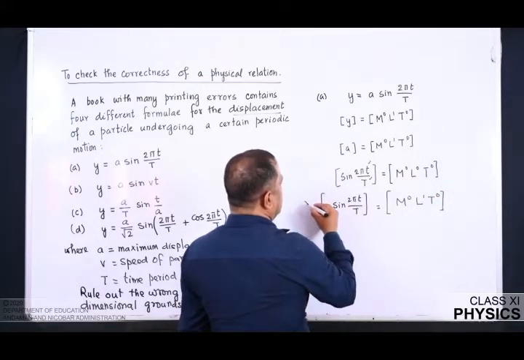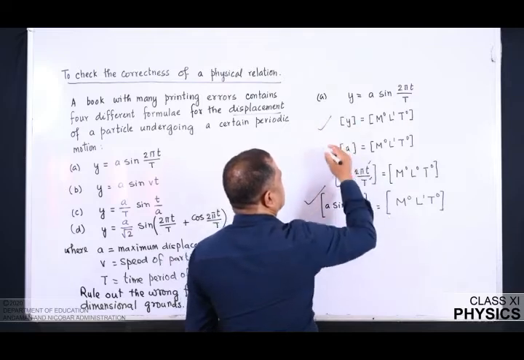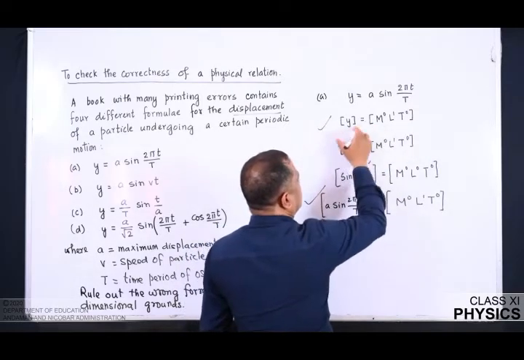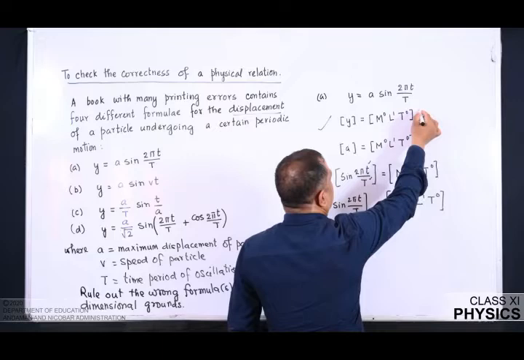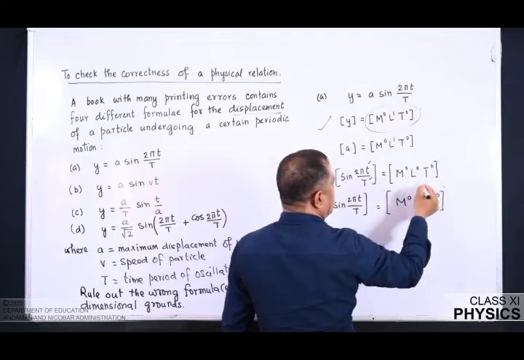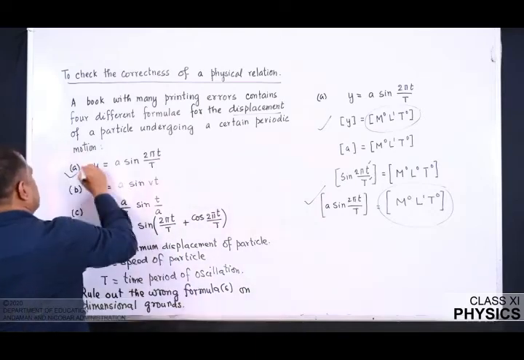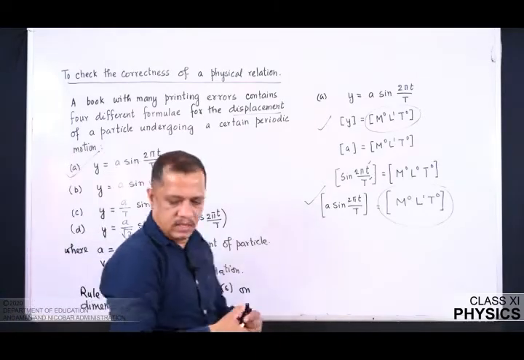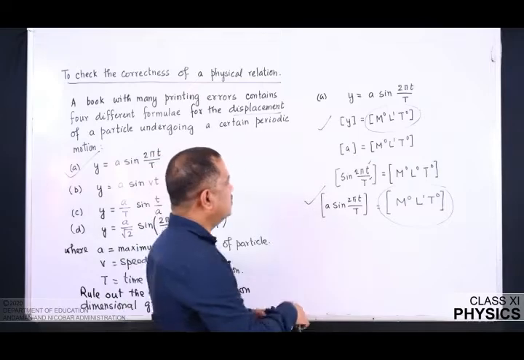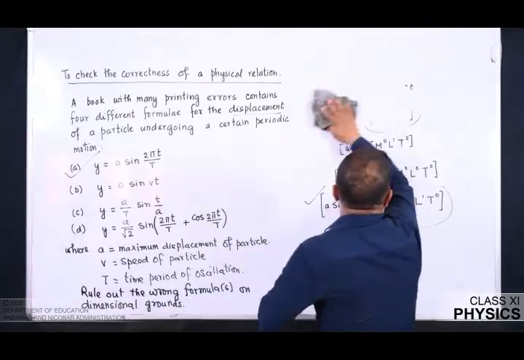Now if I see the right hand side and the left hand side, the dimensions are the same. Therefore I would say that dimensionally this is correct. Similarly, we can check the second one too.